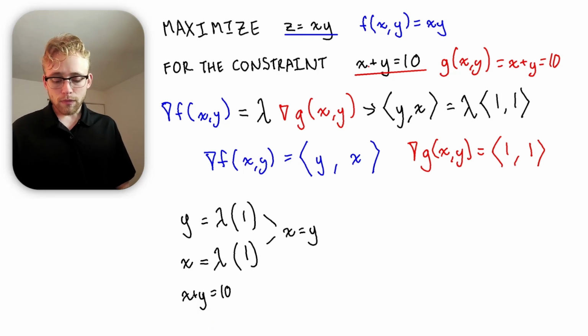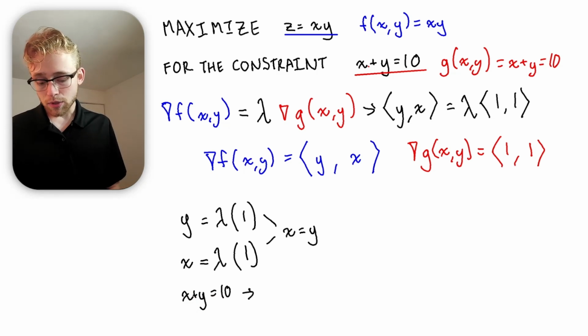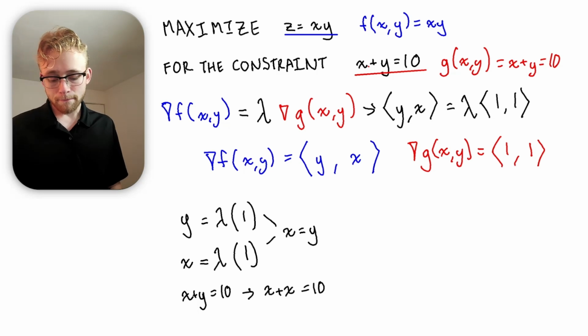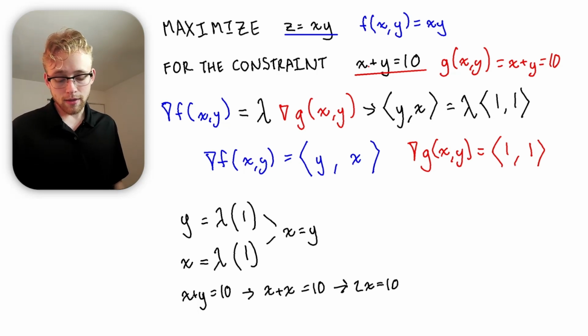Since x equals y, we can substitute x for y in this equation right here, which gives us x plus x equals 10, which means that 2x equals 10, which means that x equals 5.